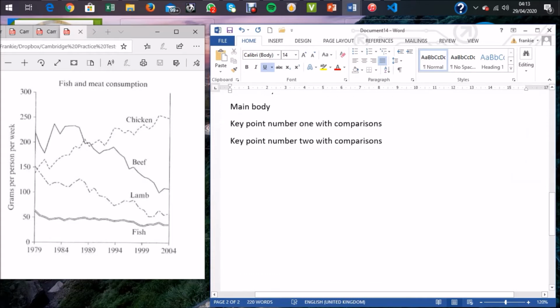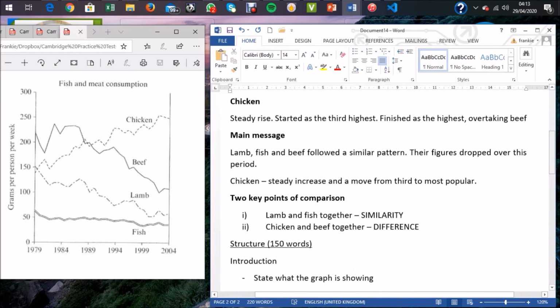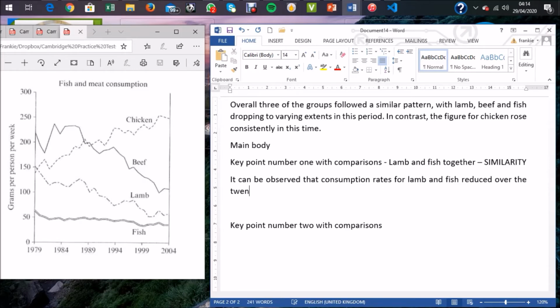So the main body, as we planned for in the beginning, I'm going to describe lamb and fish together. It can be observed that consumption rates for lamb and fish reduced over the 25-year period.